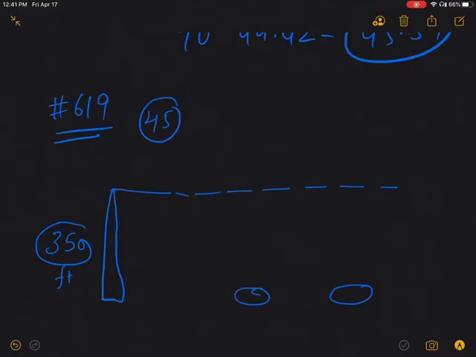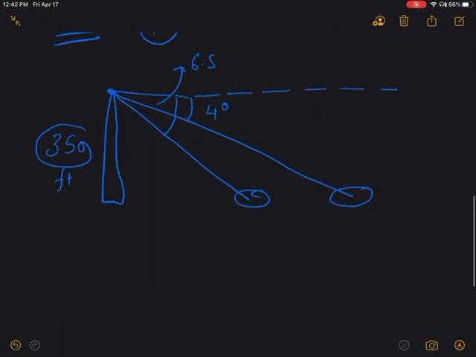At this point the angle of depression is 4 degrees. If you look at the other ship, down here, the angle of depression is 6.5. My question to you is to find this distance. How far apart are the ships?